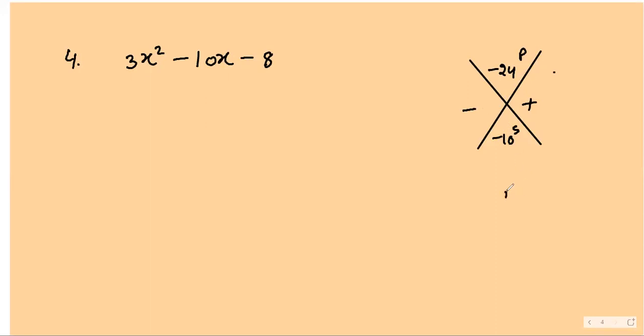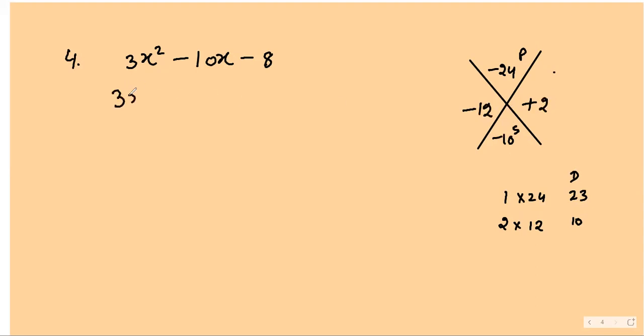Okay, we can check 1 and 24. The product is going to be minus 24, but the difference will be 23. So no. Then 2 and 12. Yes, their difference will be 10 and the product is 24. So the two numbers are minus 12 and plus 2.